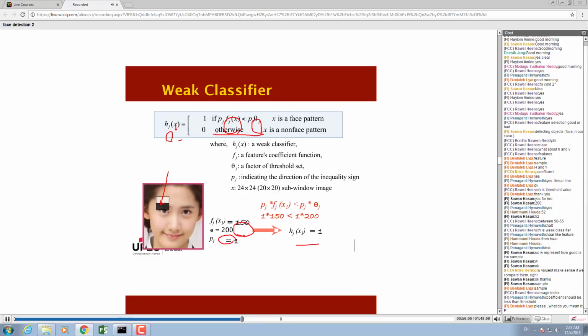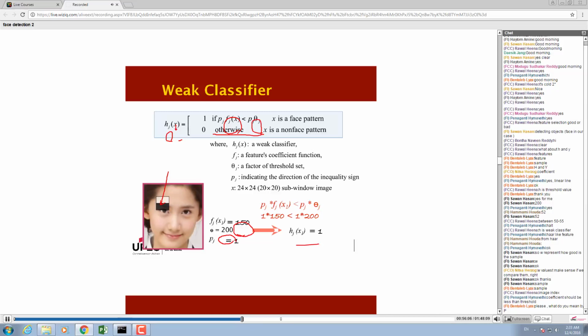But it's not always true because the weak classifier is not 100% perfect. It is saying, I think it is a face, but we cannot believe it 100%. That's why we want to calculate the error of every weak classifier. Is it clear?